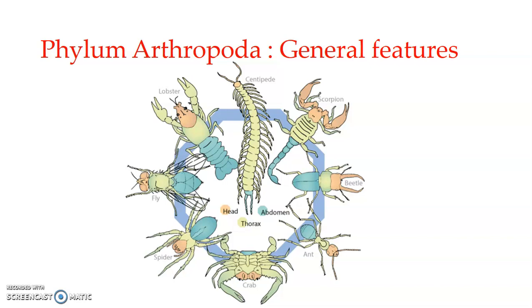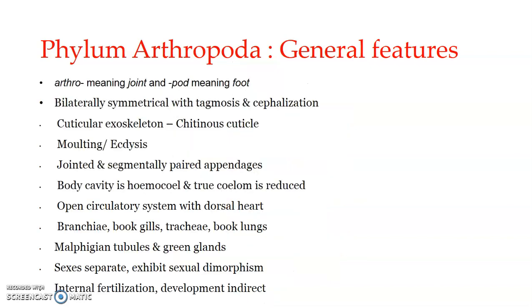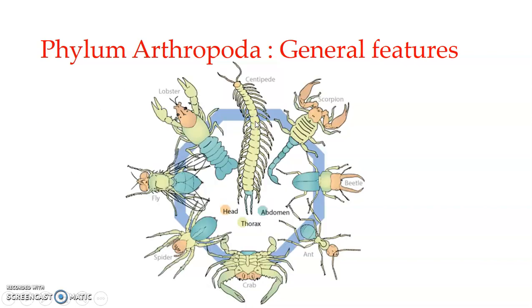So such variable fusions and loose or tight joining can be found in the arthropods. That is what tagmosis refers to.